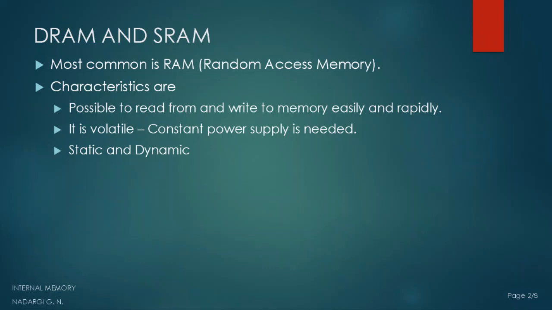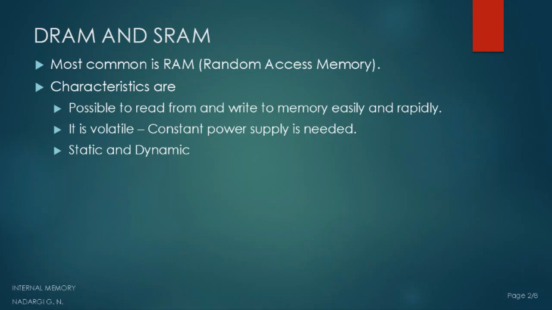The RAM can be both read from and written to, and it can be implemented easily and rapidly. RAM is volatile in nature. That means the power supply should be continuously provided in order to read the data or write the data.